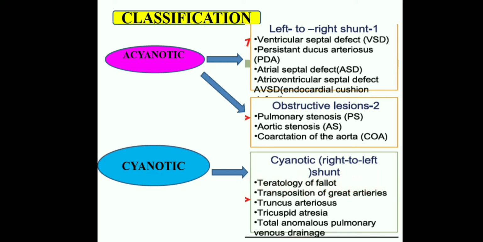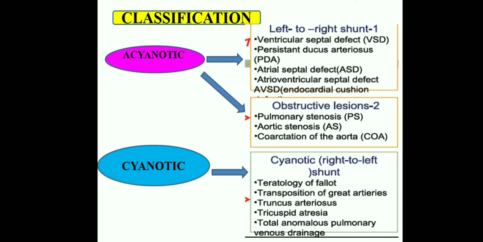The conditions under the cyanotic group are tetralogy of Fallot, transposition of great arteries, TGA, truncus arteriosus, tricuspid atresia, and total anomalous pulmonary venous drainage. These are the conditions that come under the cyanotic, decreased pulmonary blood flow group.